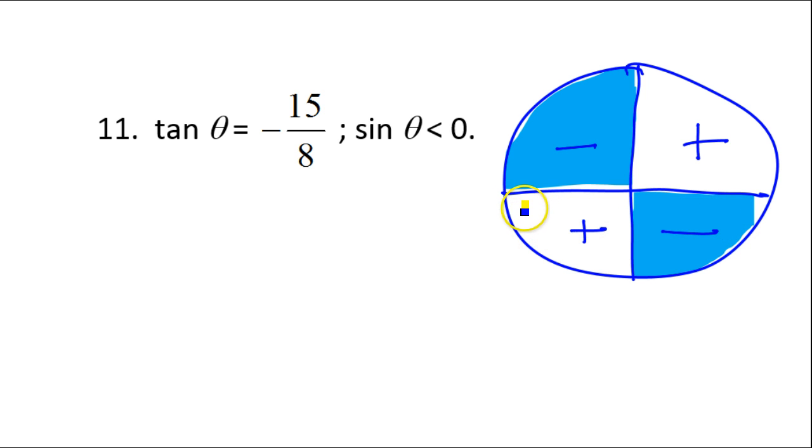So the y values are negative down here. Okay. So obviously the zone that satisfies both criteria is this green double shaded zone known as the fourth quadrant. Okay, so that's sort of step one, is to analyze and figure out what quadrant you're in.